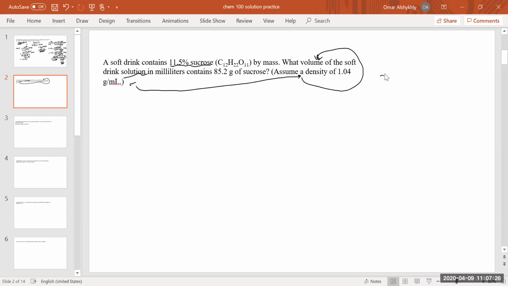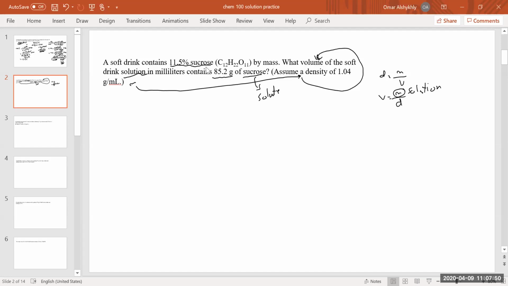Remember, density equals mass per volume. So here, volume will equal mass divided by density. But I don't have the mass of solution here. Be careful, guys. Here, I have 85.2 gram sucrose, which is the solute.